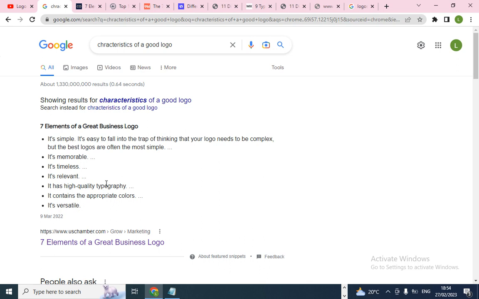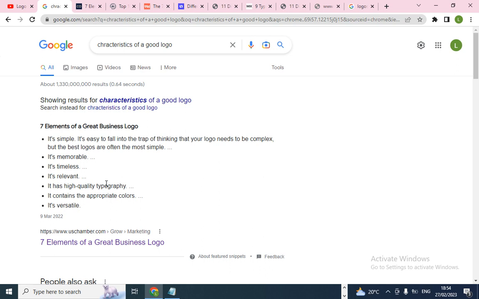Yes, we know it should have the colors of the company, but when we are creating a logo, we most of the time create it in negative and positive, that is black and white. After completing, we then apply different colors as we are making a write-up.